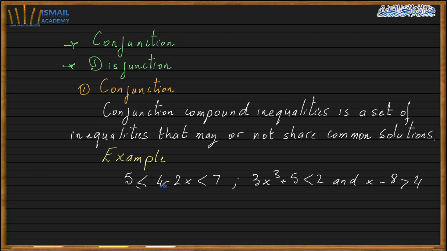There's no word and here, even though this is the same as this. It's just in condensed notation. Some students will not recognize it as a conjunction, but if you open it, it becomes 5 is less than 4 minus 2x, and 4 minus 2x is less than 7.